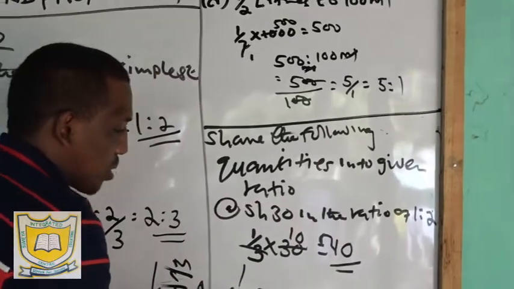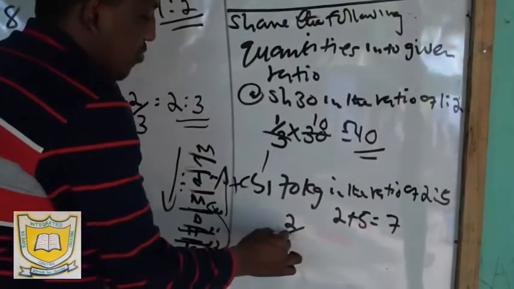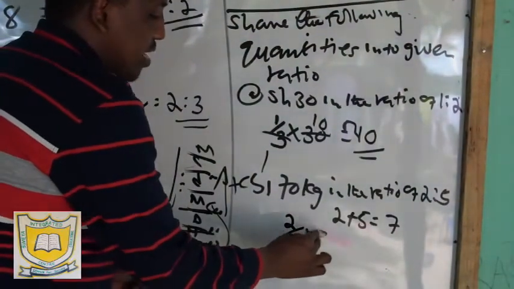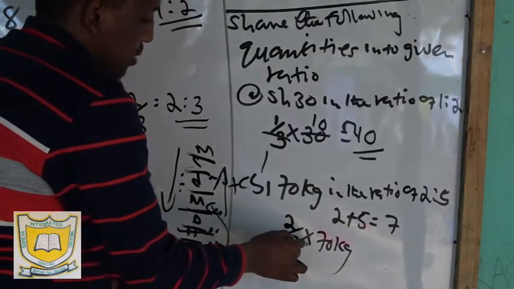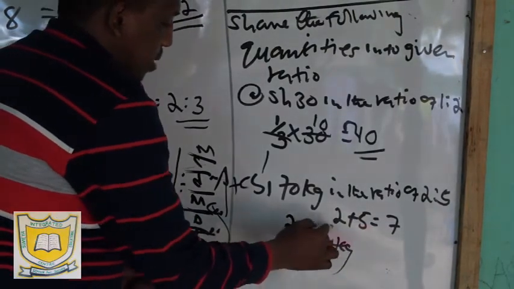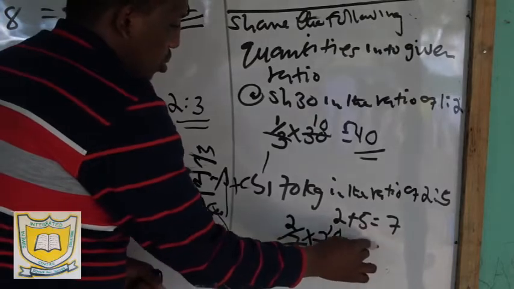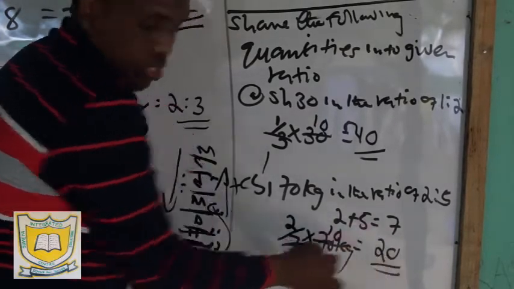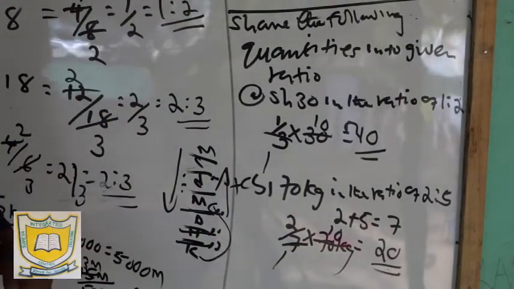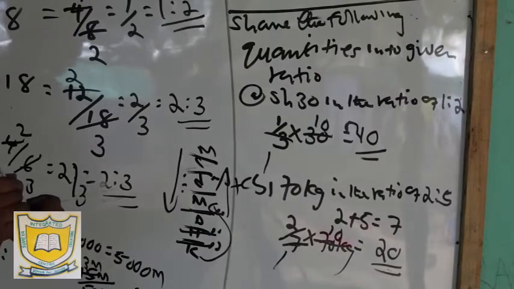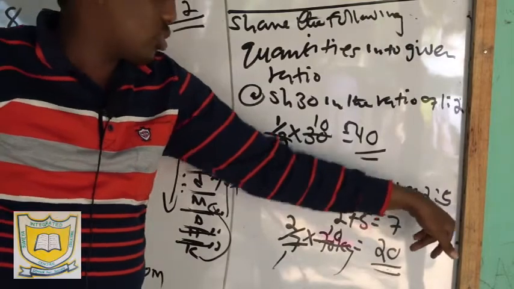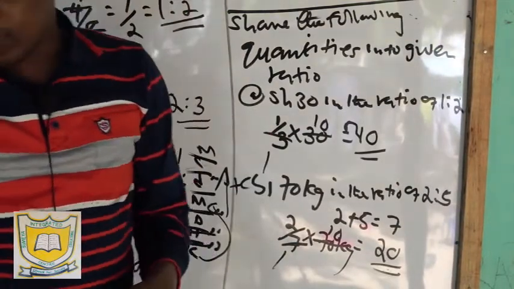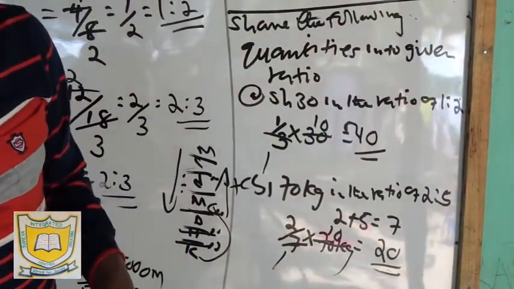So here will become 2, the first one, over the total ratio 7, multiplied by the 70 kg. Divide by 7: 1, and 10, so it will become 20 kg. So when you are told to share, you add the two ratios, then you say the first ratio over the total ratio multiplied by what you are given.